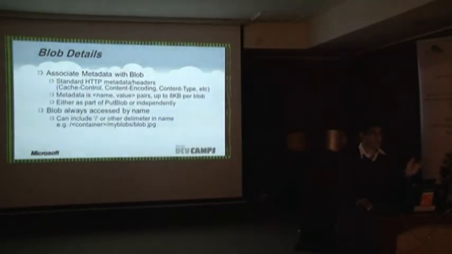It's like a key value pair that you add to your blob, and you can store up to 8 KB of this metadata. Consider it like a hash table that you associate with every blob. So it is adding more value to the blob. You don't just have the file name, you have more properties that you can then go back into the application and use.